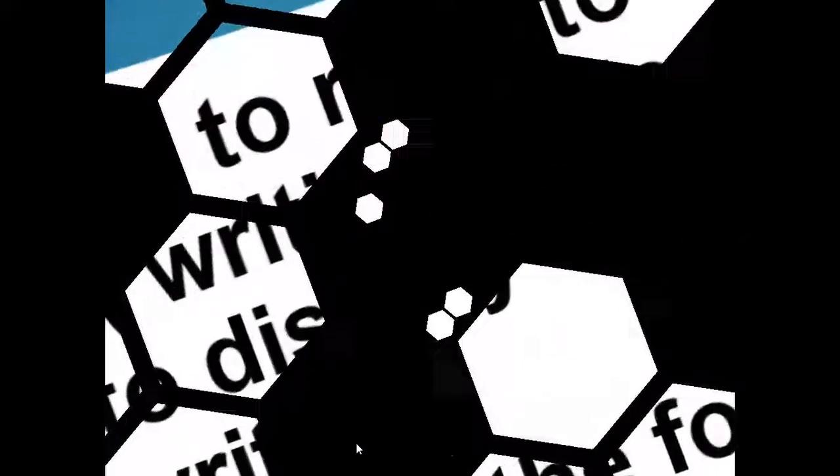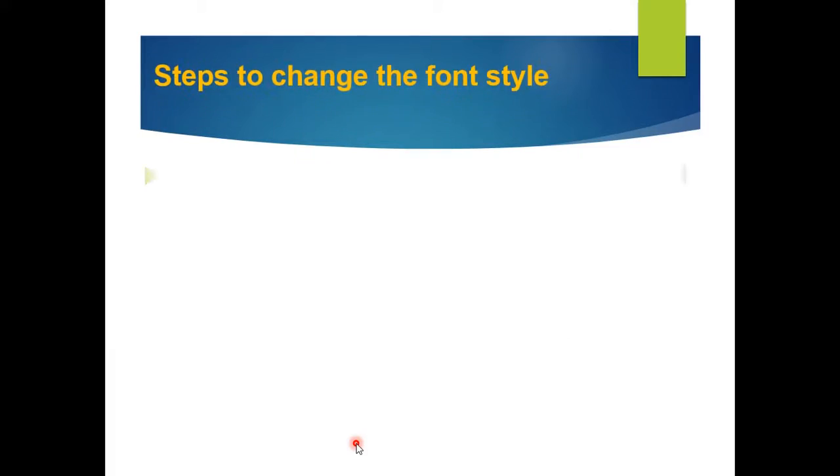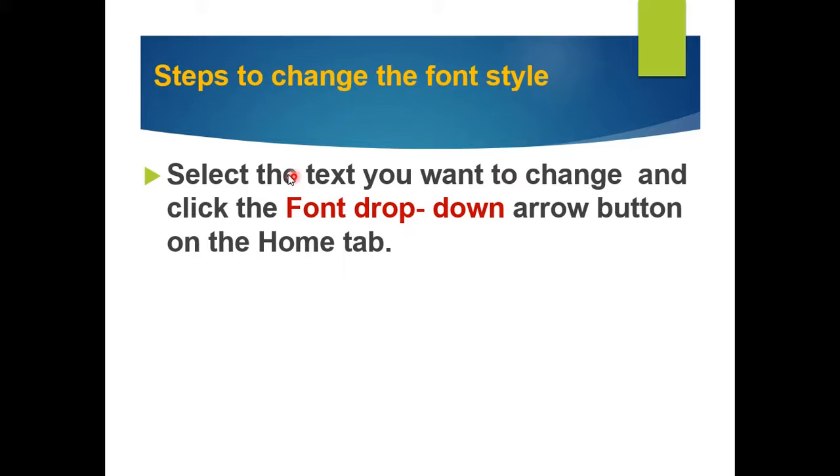style. Now here you can see the steps to change the font style. Select the text you want. So which text you want to change, just the style of the font, which words' font style you want to change. You just select the text you want to change and click the font drop down arrow button on the home tab.